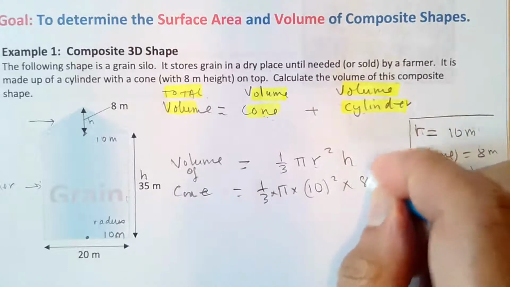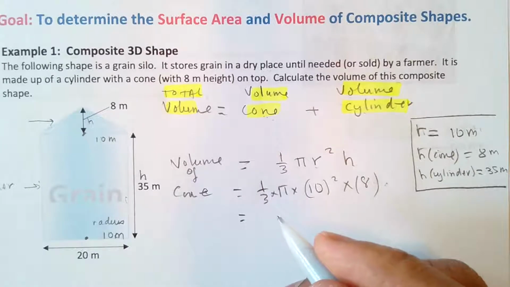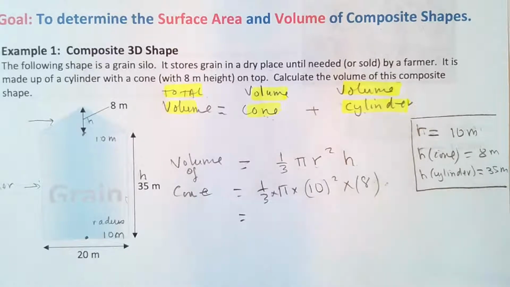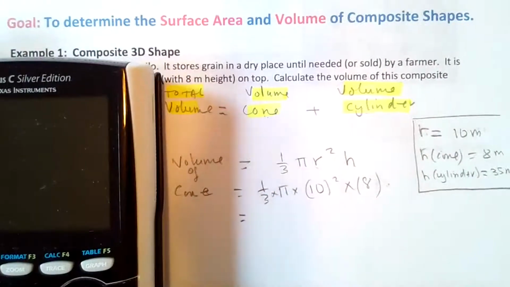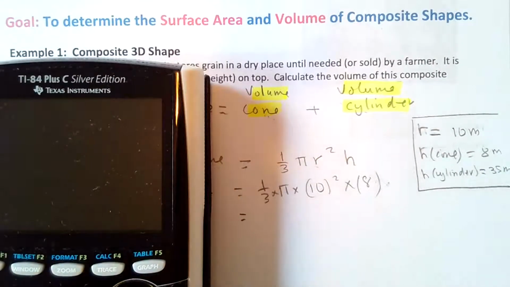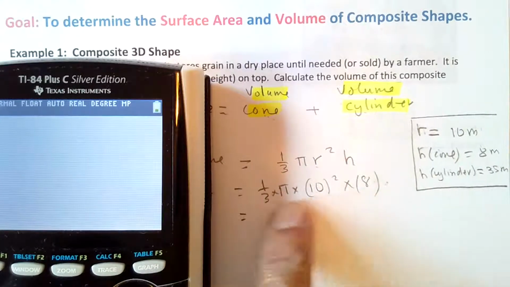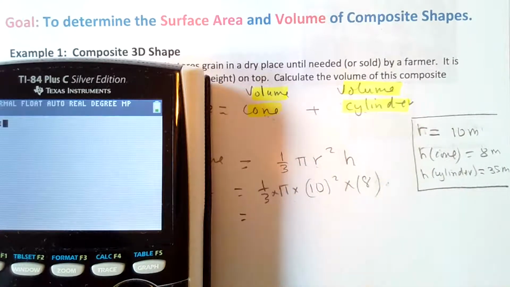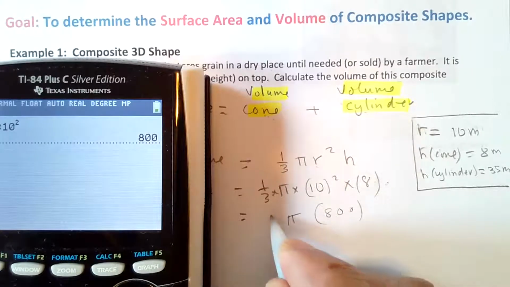Just going to remove this for now. So the volume of the cone would be equal to 1/3 times 10 squared times 8. Let's work that out. We have 8 times 10 squared, which is going to give us 800. Multiplied by pi, 1/3.